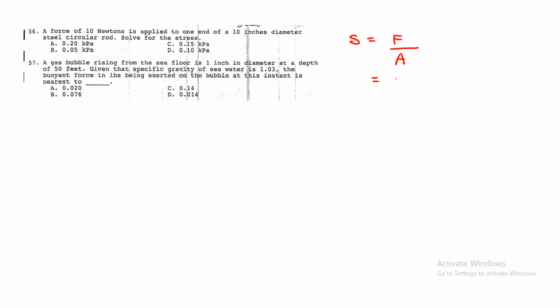So force natin is 10 newtons divided by area na pi over 4 times 10 inches times, convert lang natin, 25.4 mm per 1 inch. So squared. So Newton per mm squared ang lalabas dito is naka megapascal.